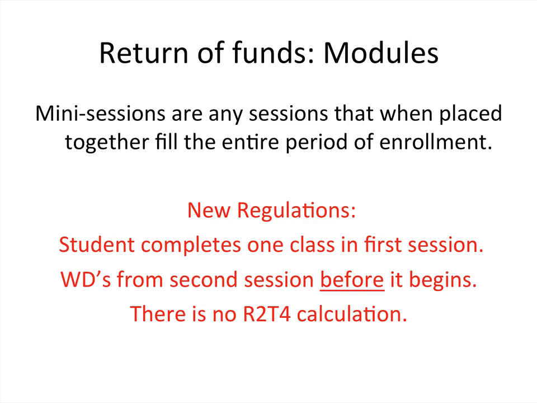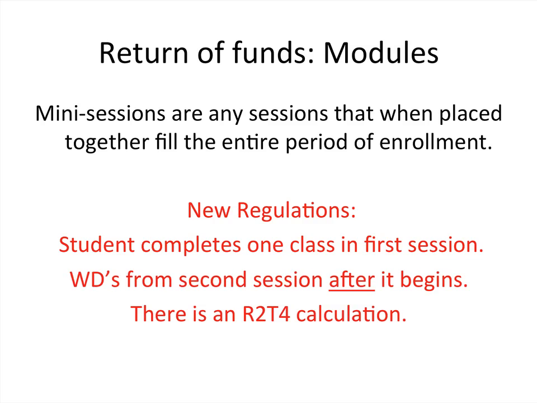So if a student completes one class in the first session and he or she withdraws from the second session before it begins, there's no R2T4. If the student completes one class in the first session and withdraws from the second session after it begins, then an R2T4 calculation must happen.